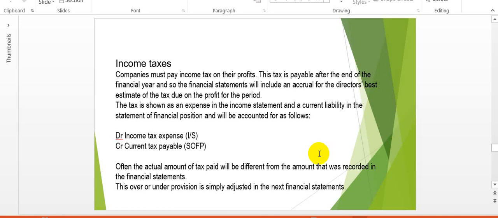So since it's payable after the end of the financial year, because you have to first close your financial year, that means that at the end of the financial year, you have to include an accrual for what the directors think is the best estimate of the tax due on the profits for that particular period.